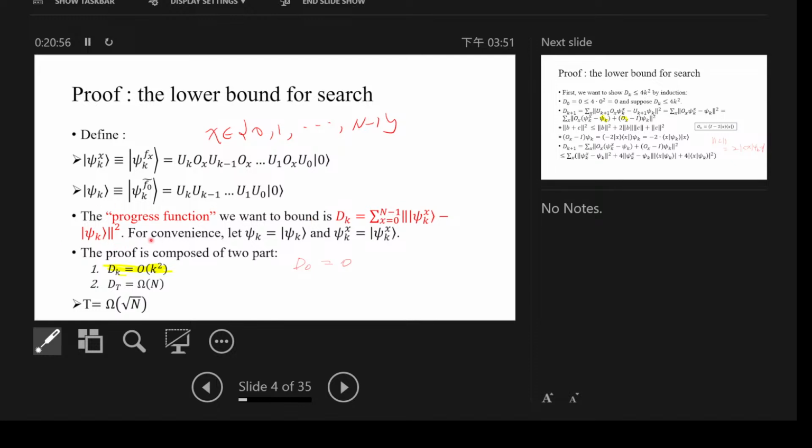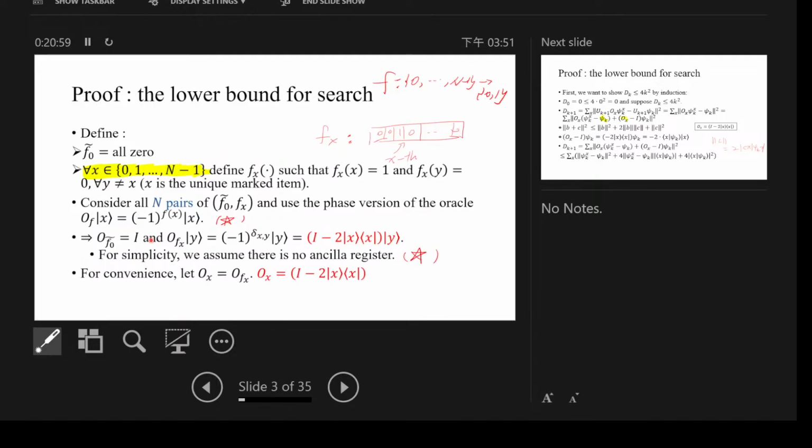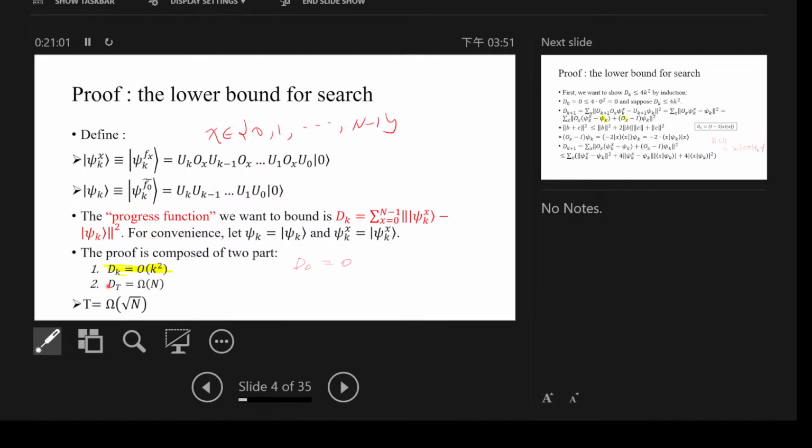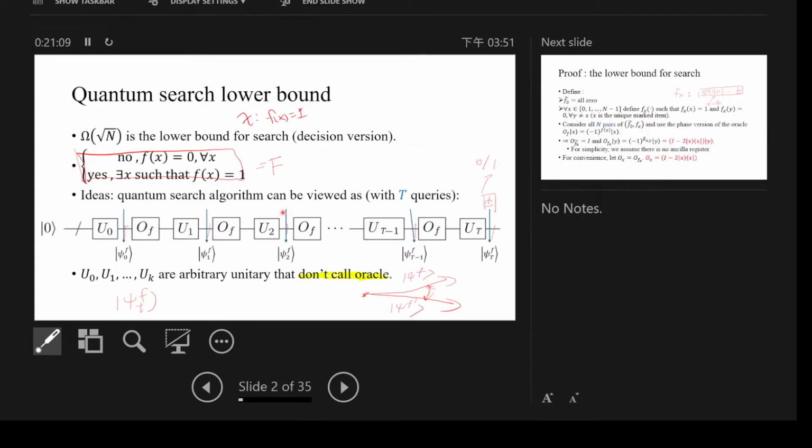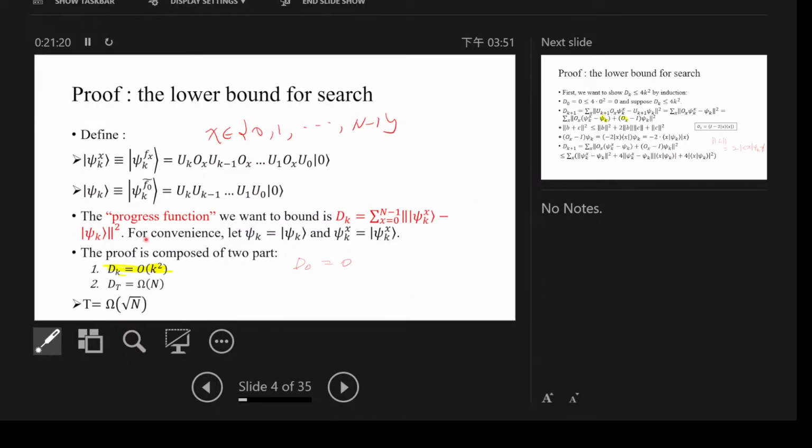And we have basically three things here. The first thing is very simple: D0 should be 0 when you have no oracle call at the very beginning. Every state is the same, so D0 is 0, since you just sum over zeros.